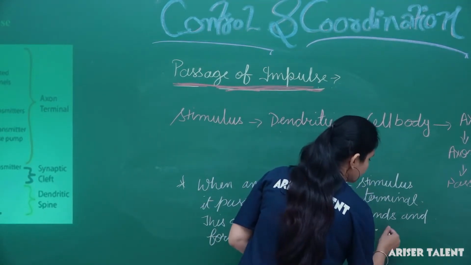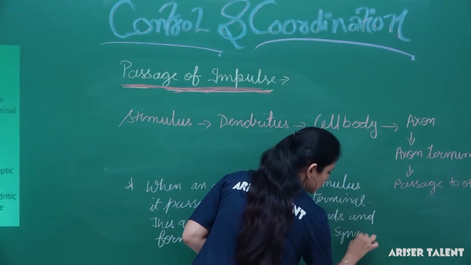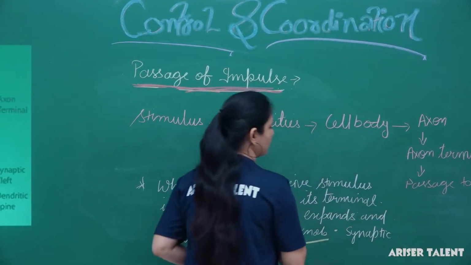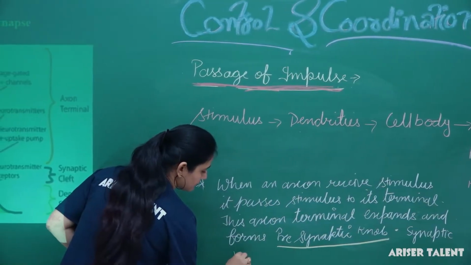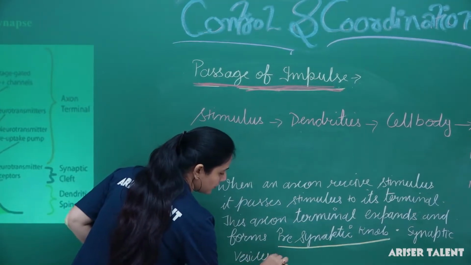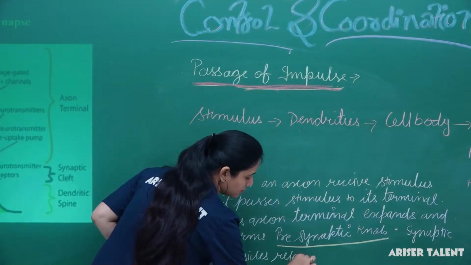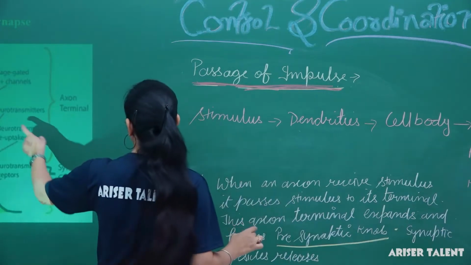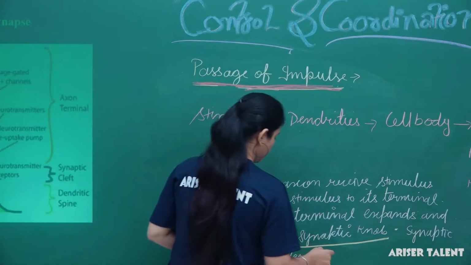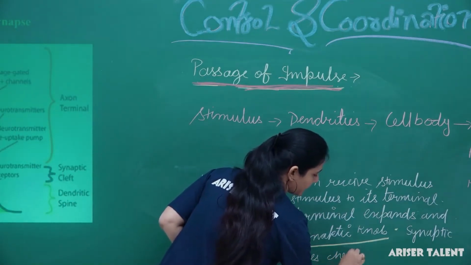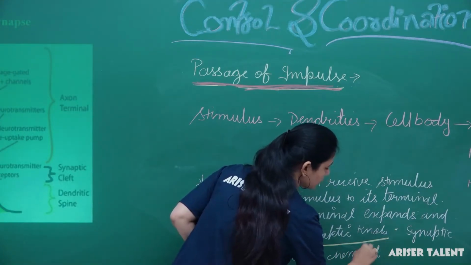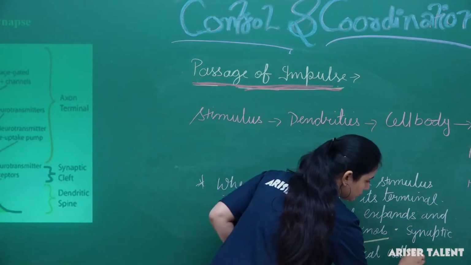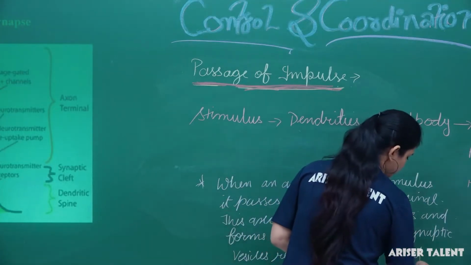Then the synaptic vesicles release what? They release chemicals called neurotransmitter.